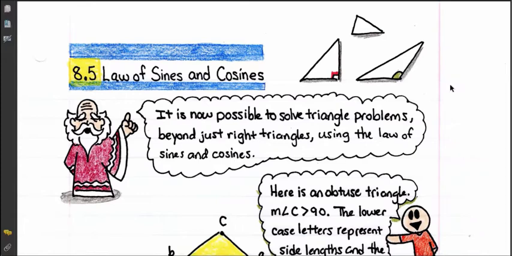Help me to explain the law of sines and cosines today in a way that's understandable to my student, in a way that my student can learn and succeed, and in a way that my student will have the skills they need to be able to use the law of sines and cosines so that they'll know it completely and they won't need any further lessons on this particular topic. We thank you for what you've done in Jesus Christ. We give you praise. In Jesus' name, amen.